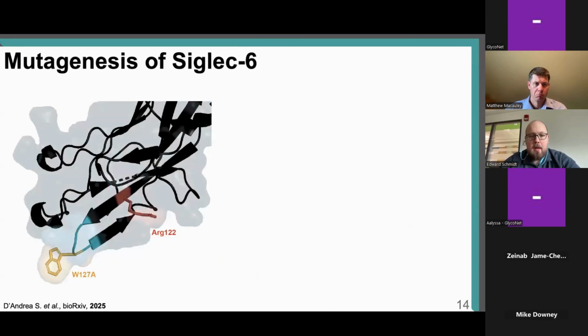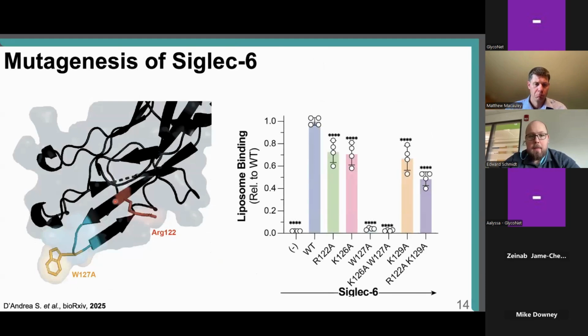So we did some studies where we used the assay I described previously to look at binding to glycolipid liposomes. And we found indeed that when we mutate this tryptophan to an alanine, we lose nearly all binding. We also probed a couple other mutants, and they all had some effect, but the tryptophan was the most striking.